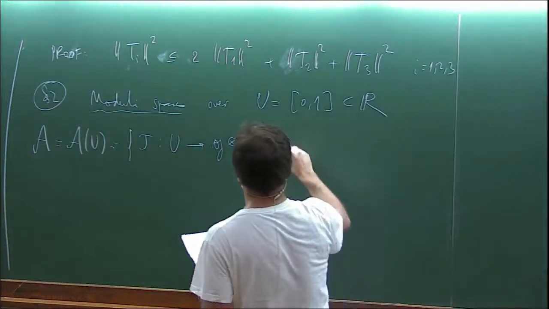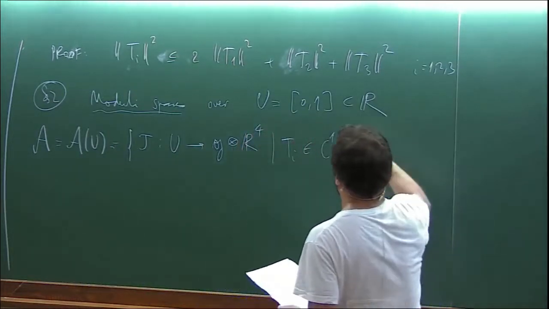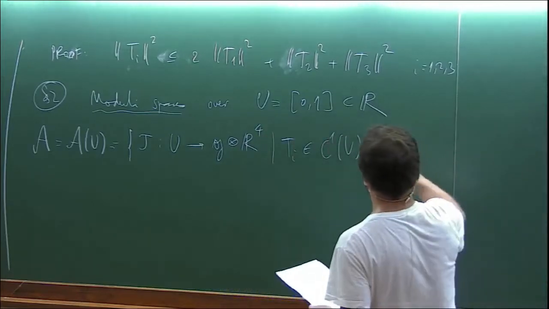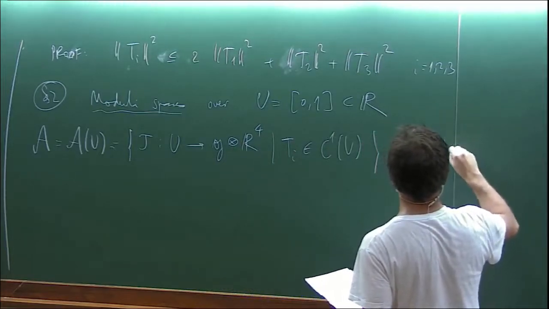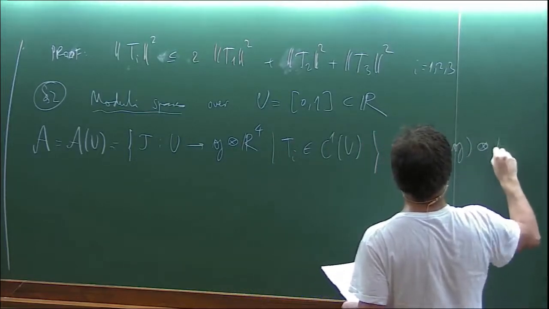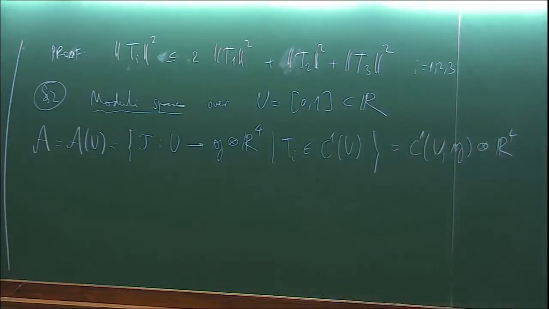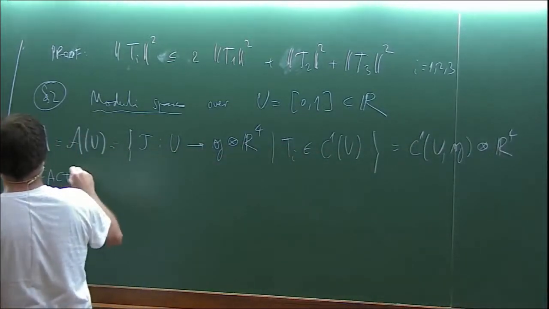I'm going to impose that they are of class C1. So this is C1 functions from U to the Lie algebra, with 4 components.